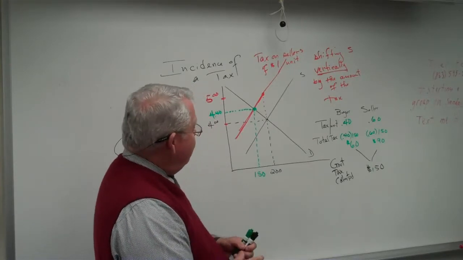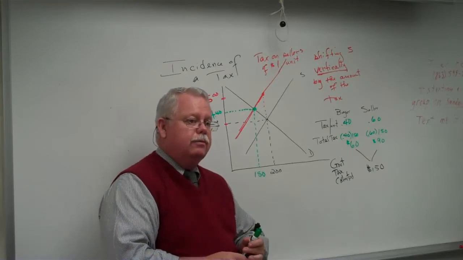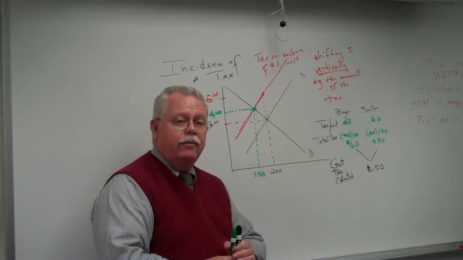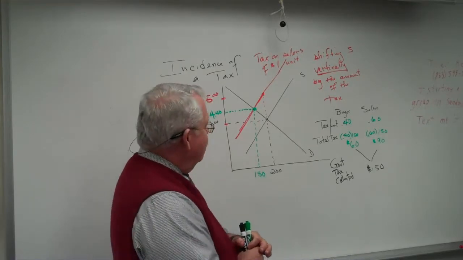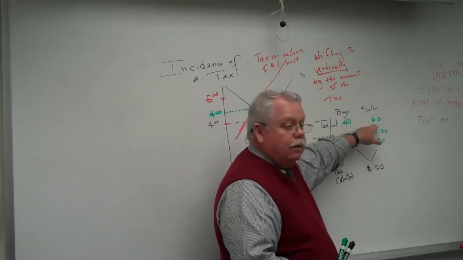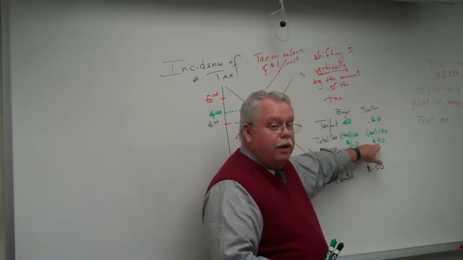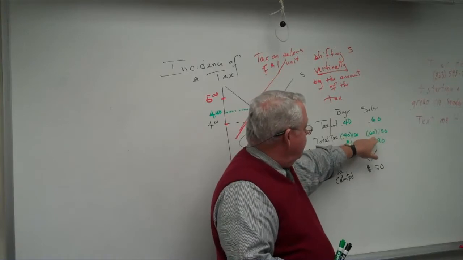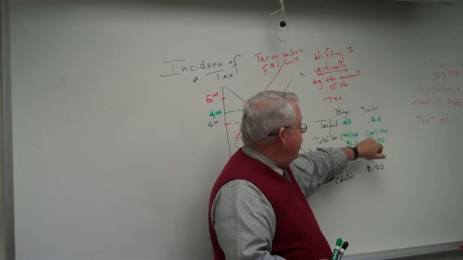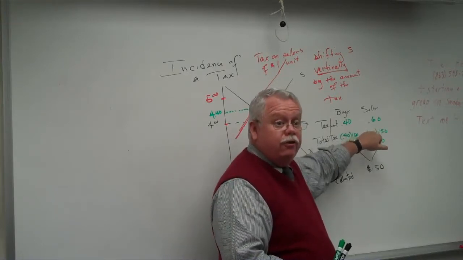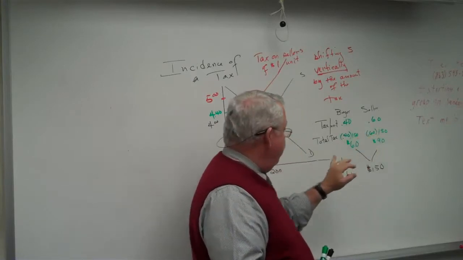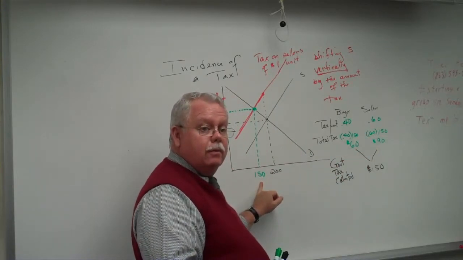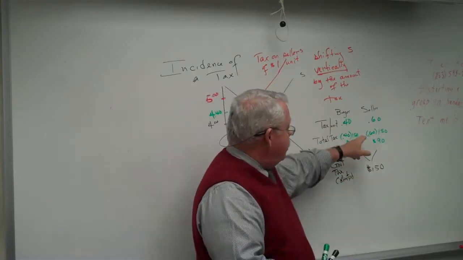Well, we assume he is or you wouldn't sell them. He knows he's paying 60 cents each, and we know he's selling 150 of them. So 60 times 150.